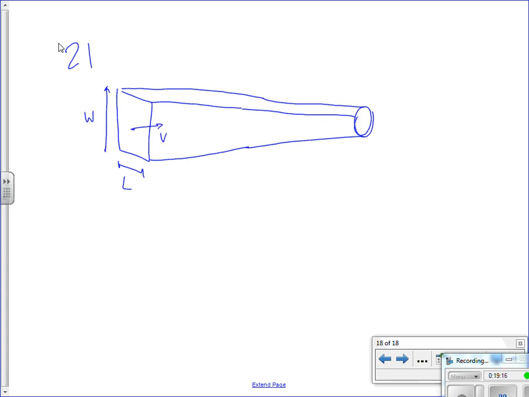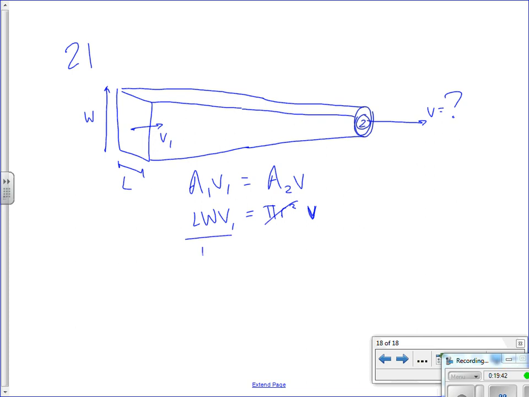We want to know the velocity here. So A1 v1, we'll call that 1, is A2 v2. Here's 2. Length times width times V1, which is V, is pi r squared times the V we're looking for. The answer is A.